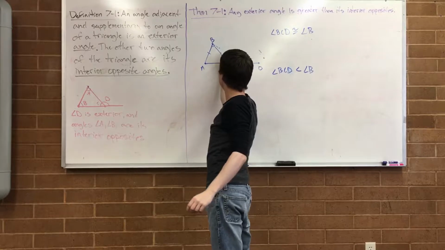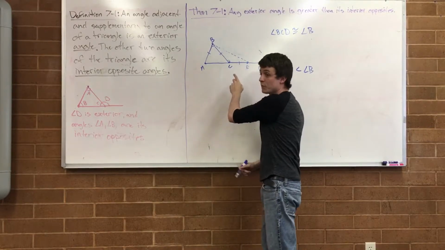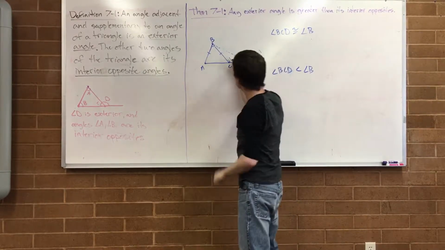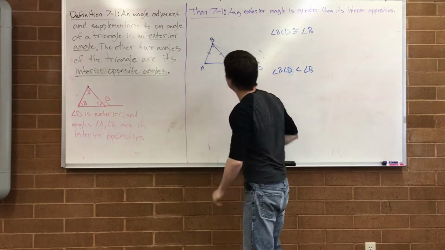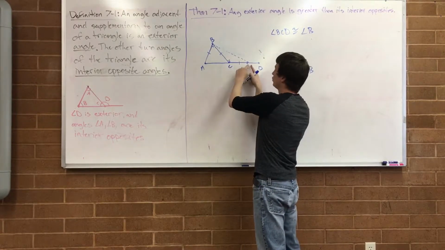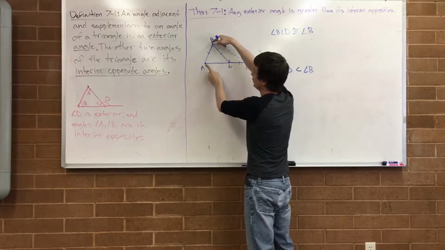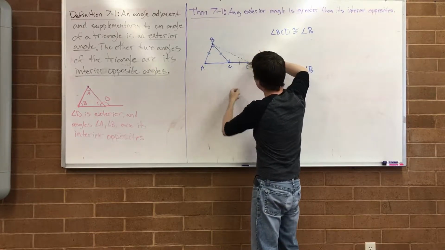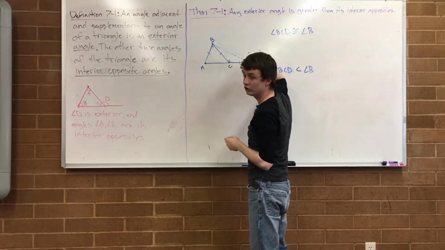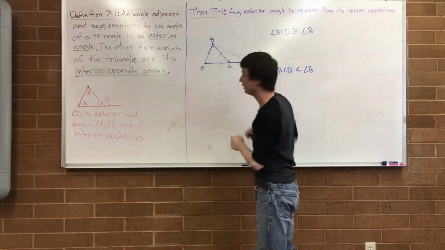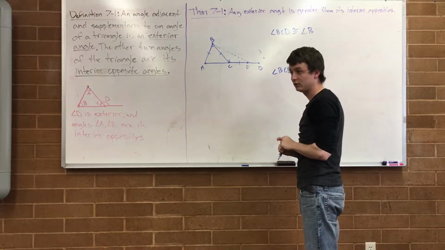And notice this side's congruent to itself. Okay? So if this angle is congruent to this angle, and we construct point E so that this side's congruent to this side, then this triangle ECB is congruent to triangle ABC by side angle side.